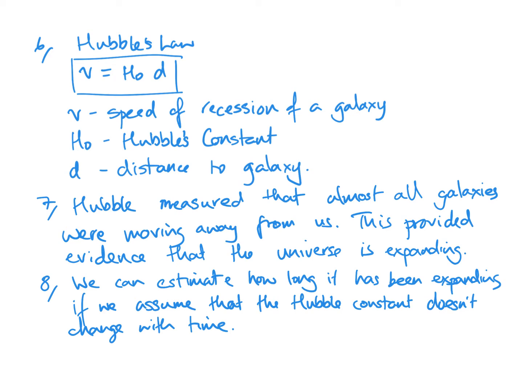So using Hubble's law, we could say that the distance that any galaxy has moved since the beginning of time is v over h naught, its current speed, divided by h naught. But using a standard distance speed time calculation, we can also write that d equals vt. So we can set both of these equal to each other, and we get vt equals v over h naught. The v's cancel out, and you're left with t, the age of the universe, is 1 over h naught.